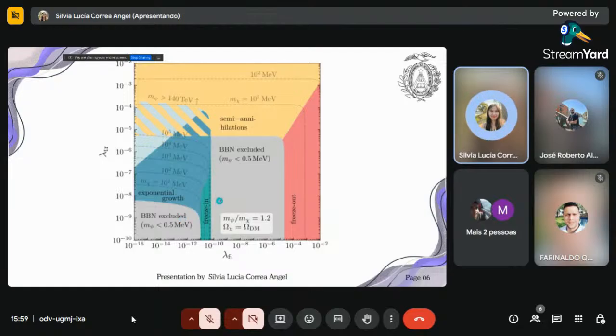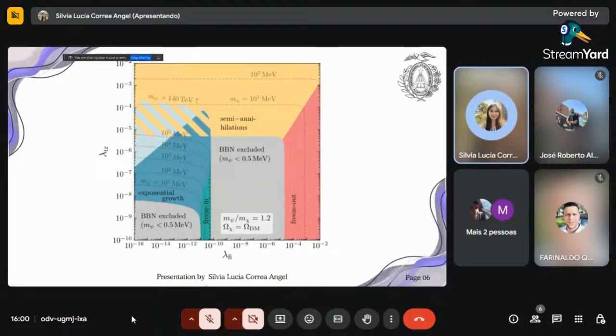And here is an area that is already excluded by the VBN, when the mass of the psi is smaller than 0.5 MeV. So basically, they are showing the different situations depending on the couplings they are using for the different processes that will generate the dark matter particles.